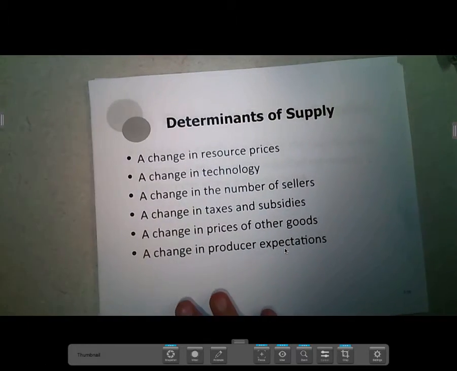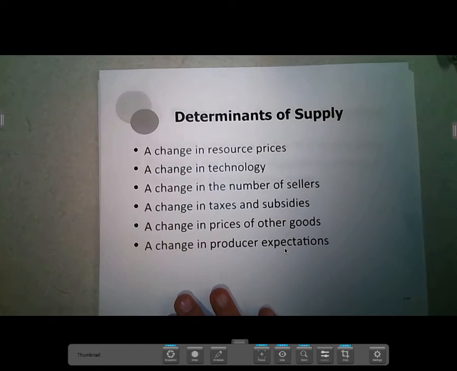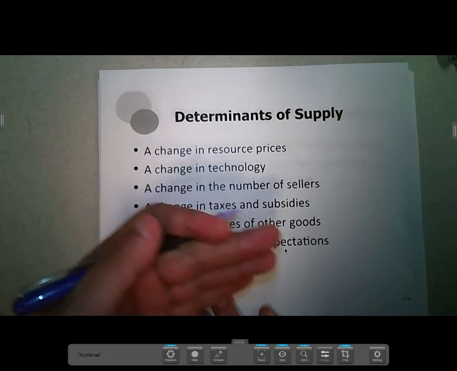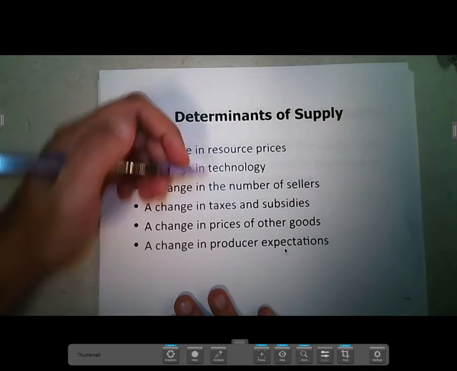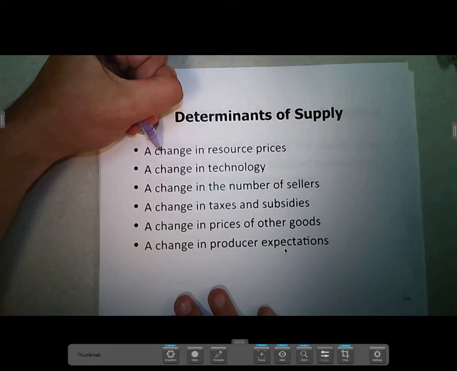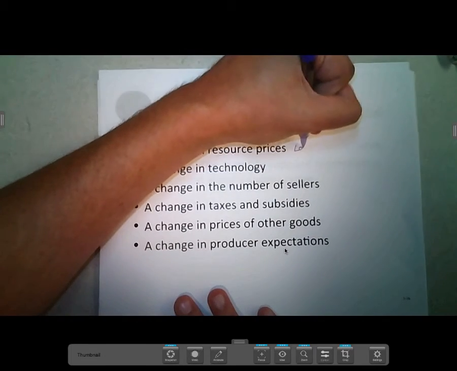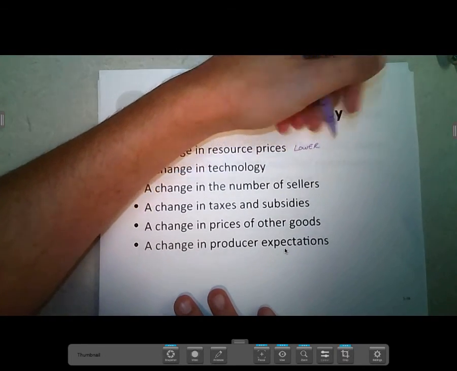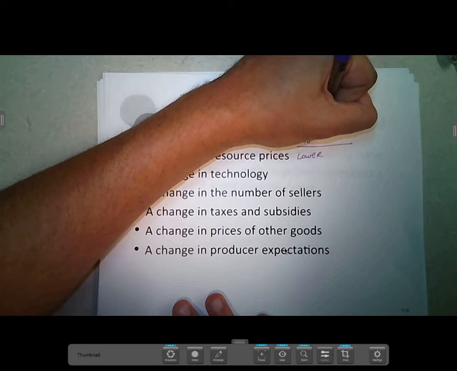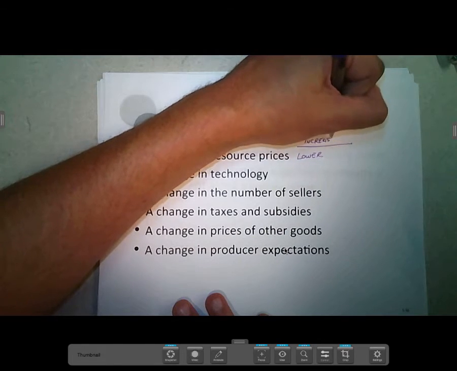In terms of supply, let's talk about all the things that would cause the increase again, and then you can do the reverse to understand the decrease.